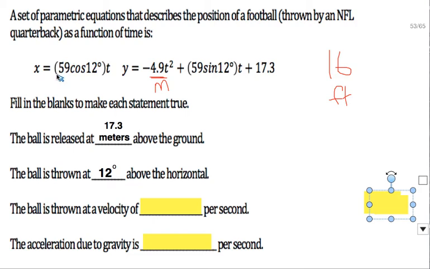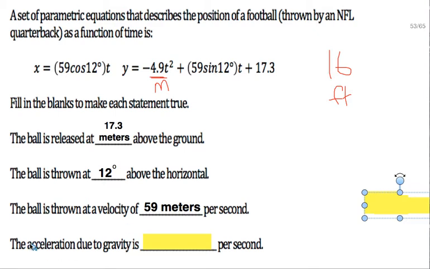Okay, and this number here and this number here is our speed, and it would be 59 meters per second. So if I wanted to make this the wrong answer, I might say 59 feet per second, and that would make the statement false.